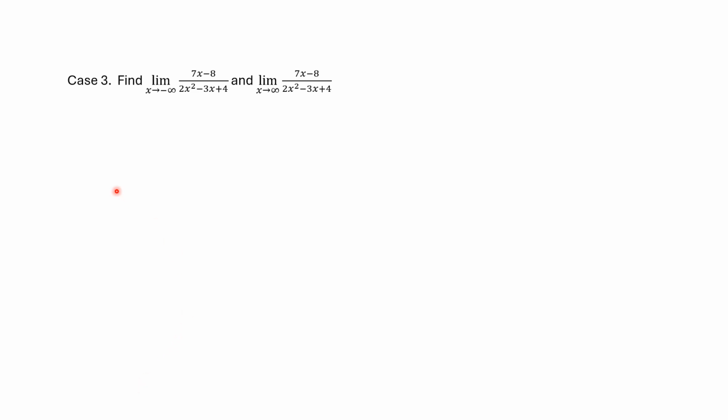Case 3, what happens when the denominator has the larger of the two lead exponents? So we're going to look at the limit as x approaches negative infinity of 7x minus 8 over 2x squared minus 3x plus 4, and the limit as x approaches infinity of the same function.